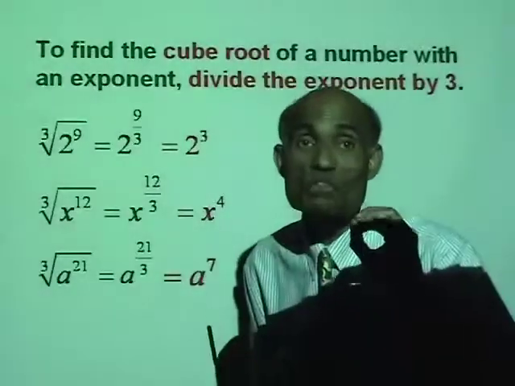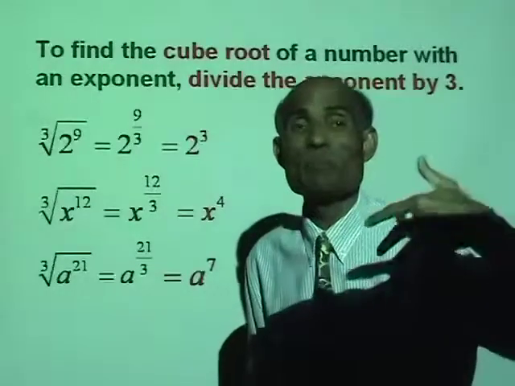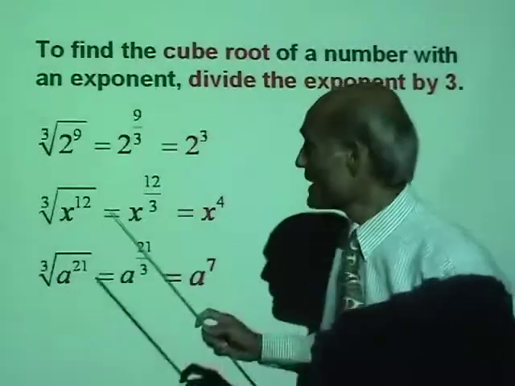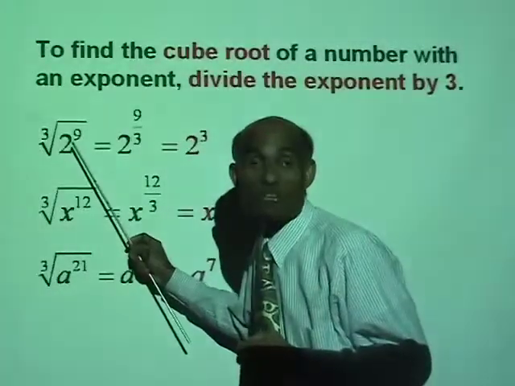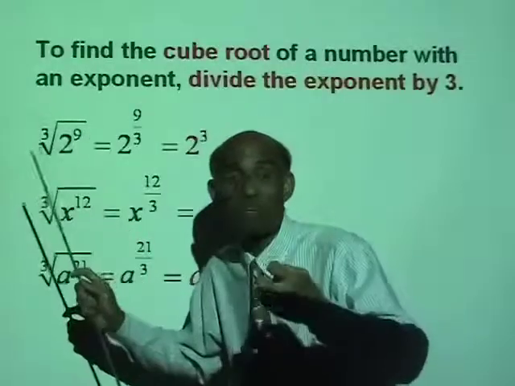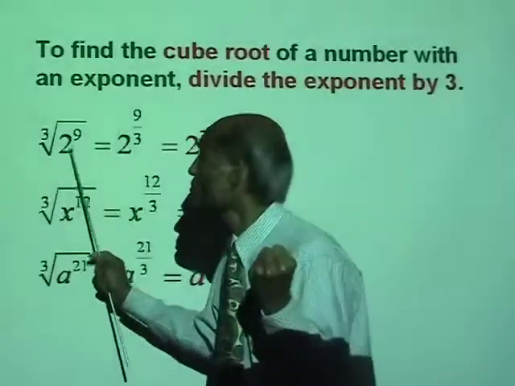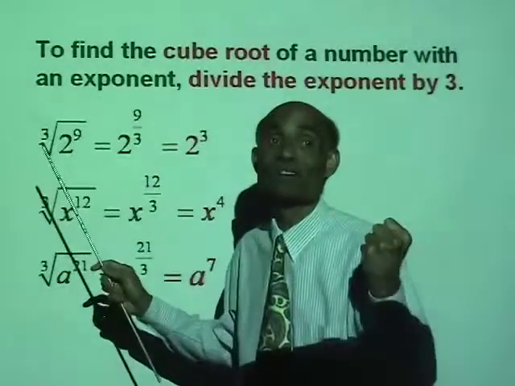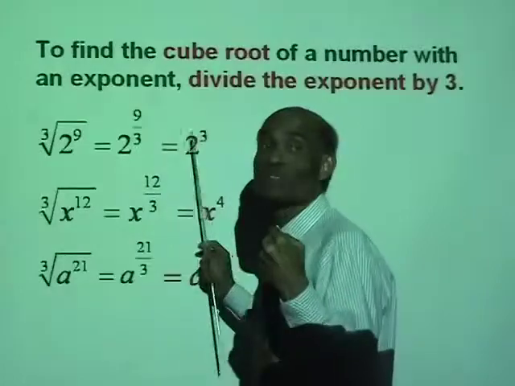So how do you know if an exponent is a perfect cube? If an expression is a perfect cube, then the exponent can be divided by 3. 2 to the power of 9 is a perfect cube. You can find its cube root.